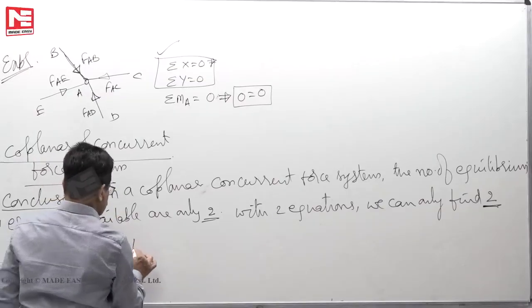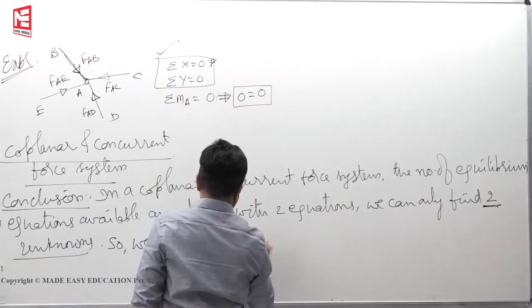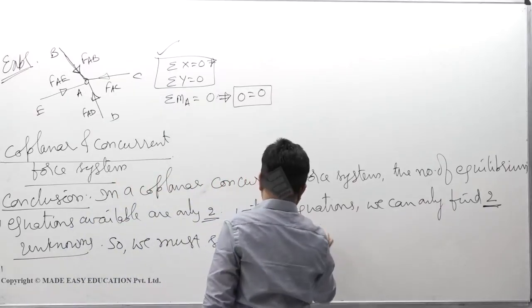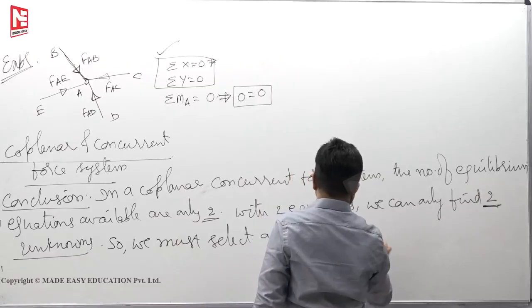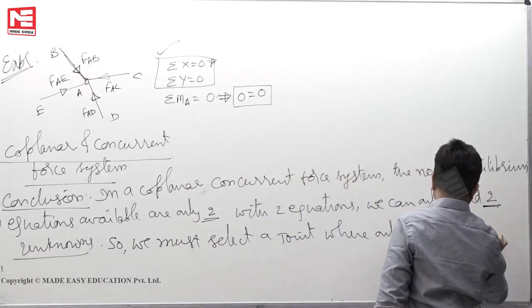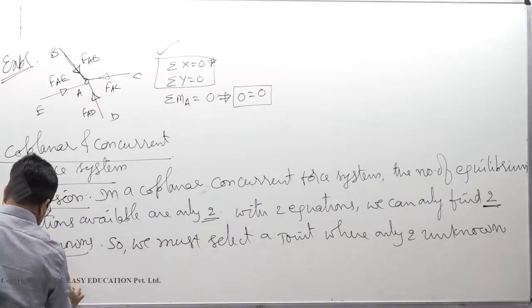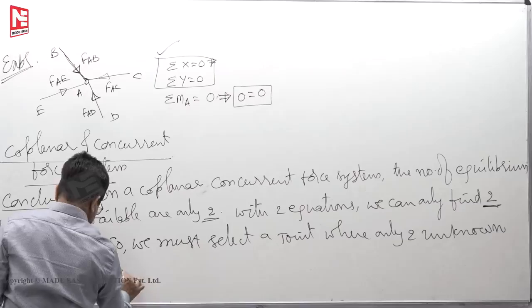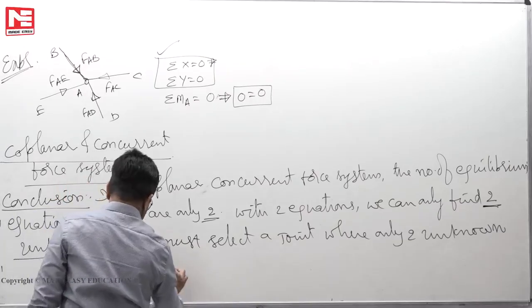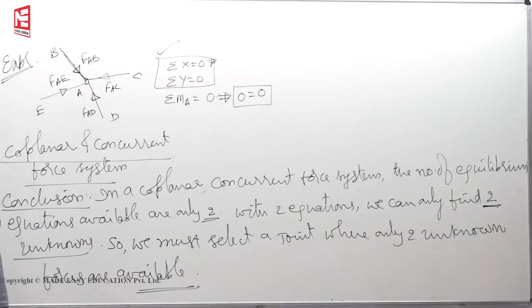So, we must select a joint where only 2 unknown forces are available. That is the explanation for that.